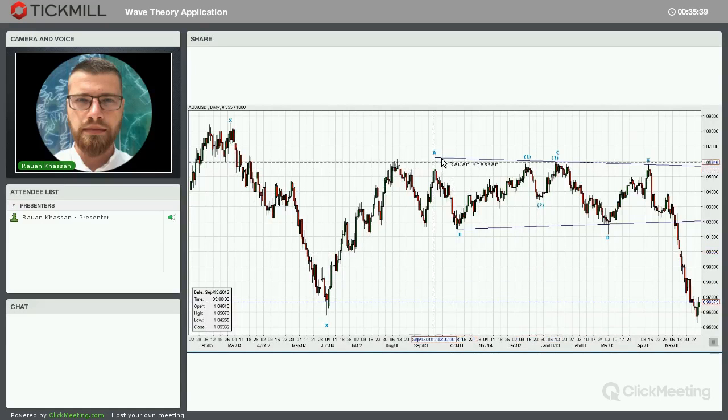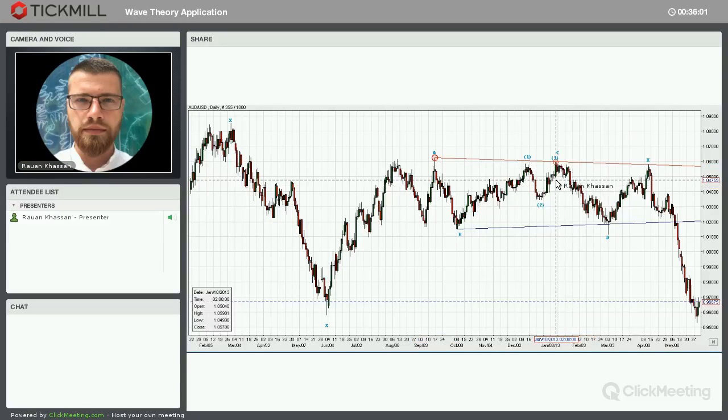So first we pay attention to the first signal of the A and C line. It connects the top levels of the stated wave elements. The top of wave A was formed on September 14th, 2012 at the high of 1.0624.